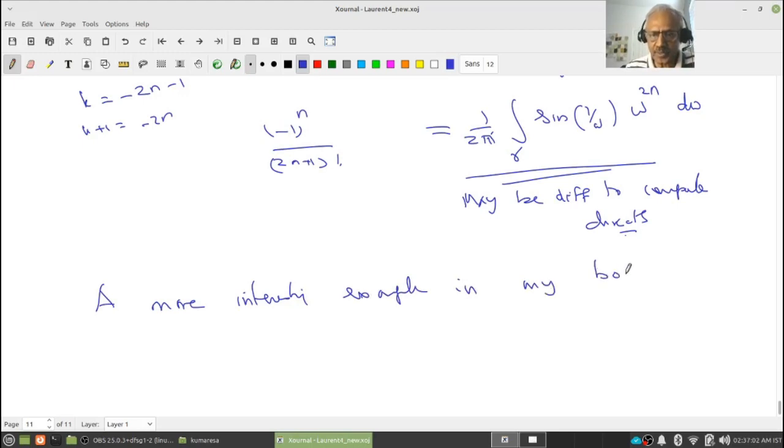So what is the purpose of this? To compute the Laurent series you have to compute ck, that means you have to compute certain path integrals. But what this example shows is, a path integral may be very difficult looking, but it may turn out to be the kth coefficient of a Laurent series, and that Laurent series may be easier for you to find. That is the basic idea.